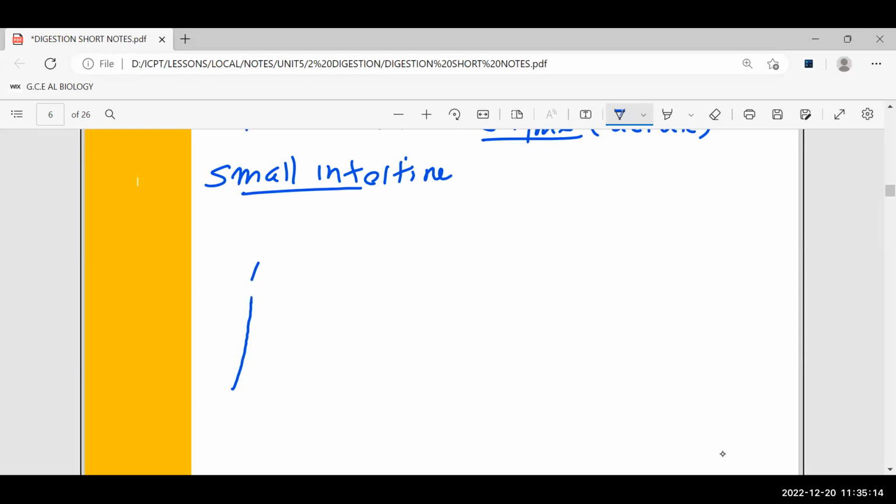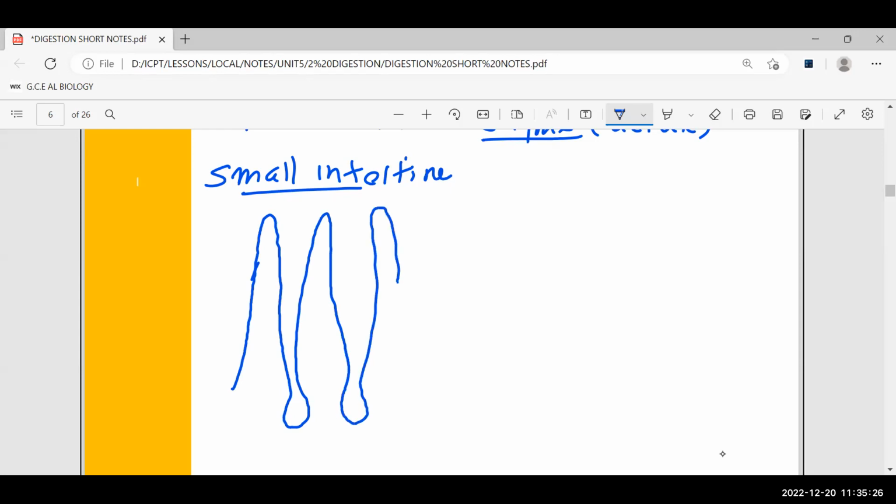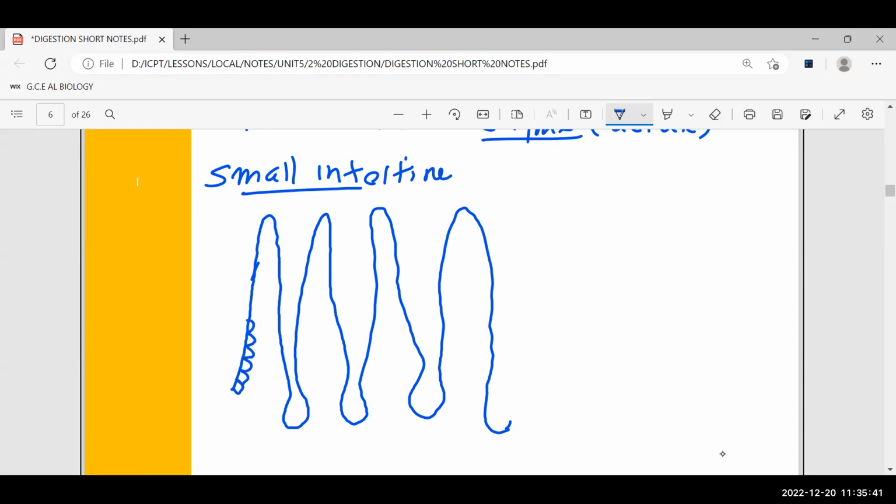So the foldings are more like upward, like this, and then a little bit down is also observed, but mostly it's going up. So we can see this kind of projections to increase the surface area, and as usual, it is covered with epithelial cells.